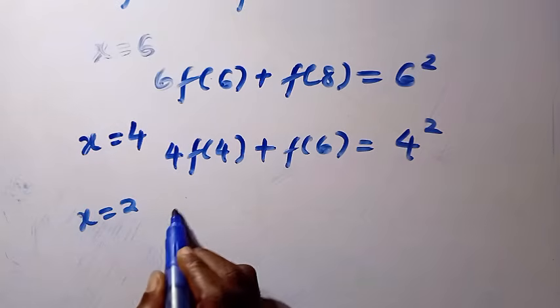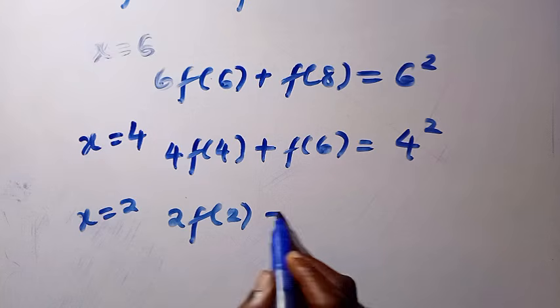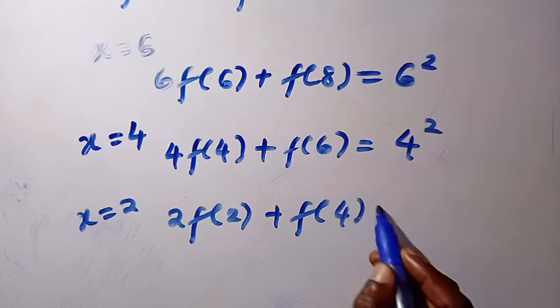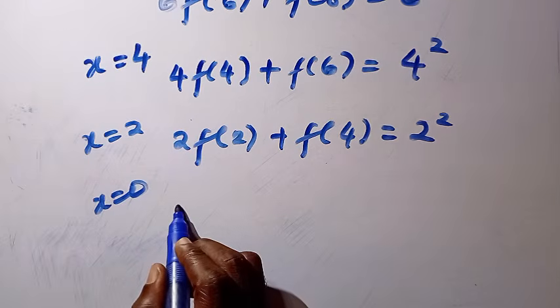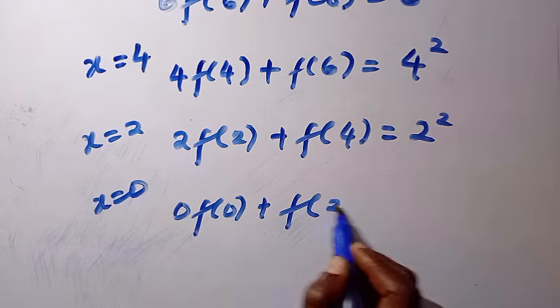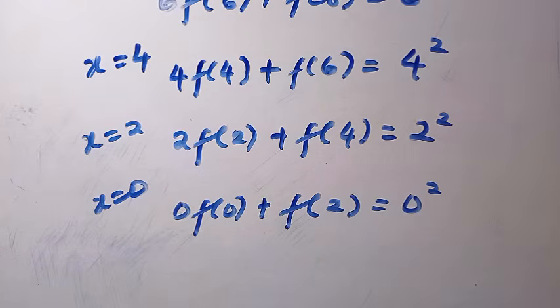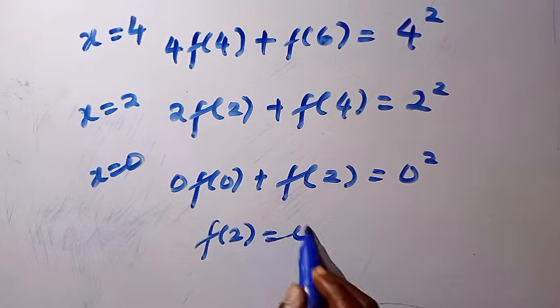Also, if x equals 2, we have 2 f(2) plus f(4) equals 2 squared. Let's say x equals 0. Then we have 0 times f(0) plus f(2) equals 0 squared. With this last one, we have f(2) equals 0.